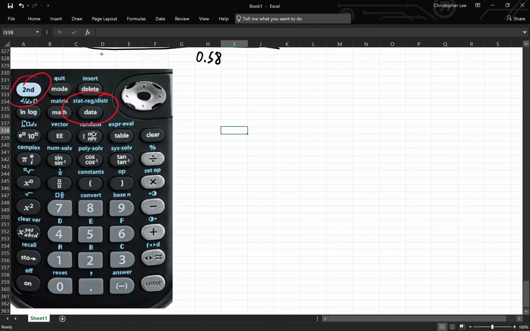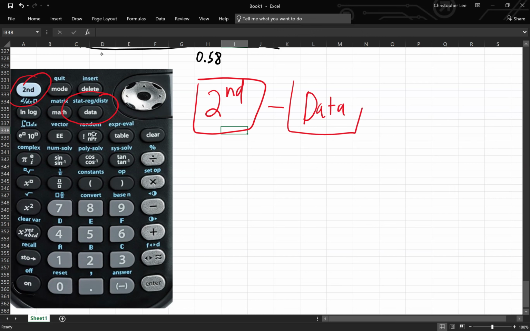And right after that, we want to go across to where it says distribution, DISTR.